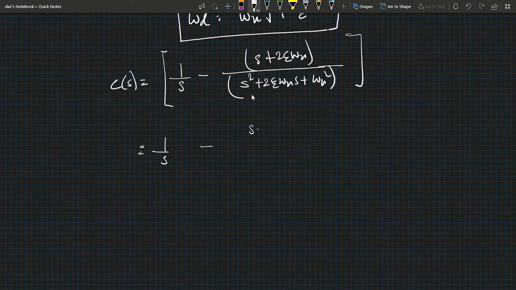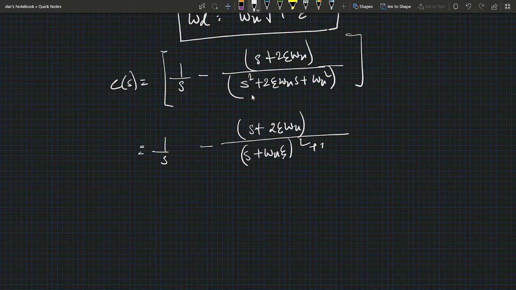So now we express 1 by s minus s plus 2 zeta omega n divided by s plus zeta omega n whole squared plus omega d squared.